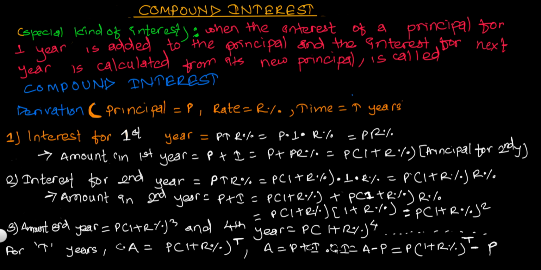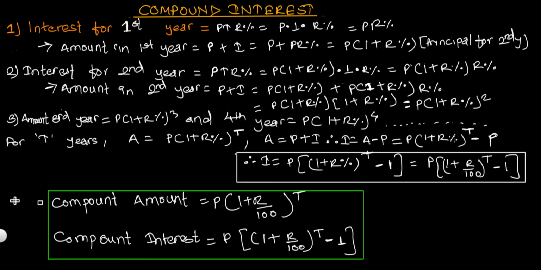So our compound interest in this case will be A minus P. Our A is P(1 + R%)^T minus P. So from here, if we take P common, we'll get this formula for our compound interest: P[(1 + R%)^T - 1], or if you want to get rid of the percent sign, P[(1 + R/100)^T - 1]. So this is the formula we generated by using the concept of compound interest.